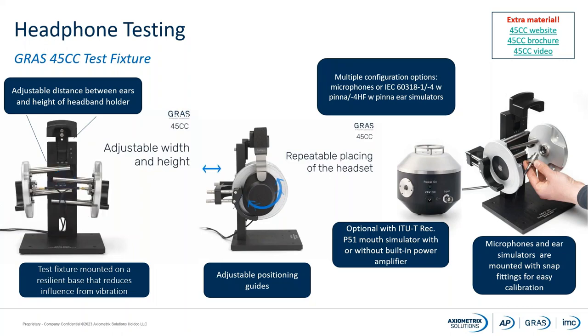It is easy to remove the microphones or ear simulators, as these have been mounted with a special snap fitting system, so it's easy to dismount and mount these again. For instance, when you are doing calibrations and validation of the microphones or ear simulators used for the fixture.